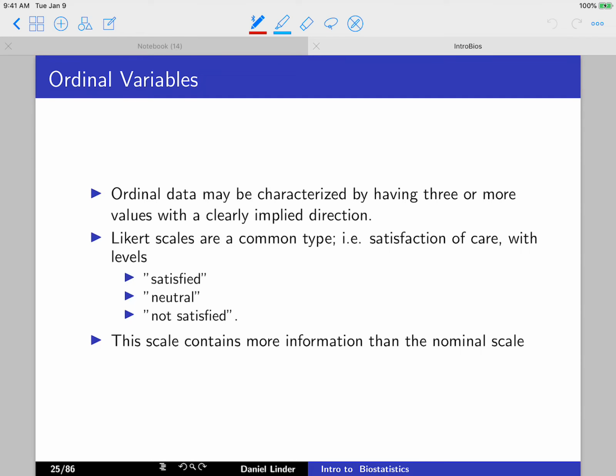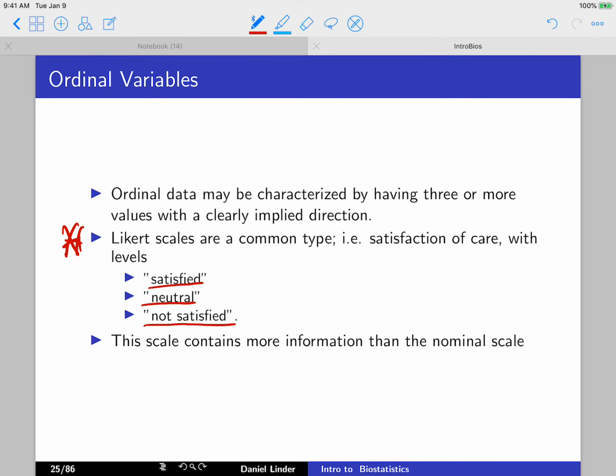As we mentioned, ordinal variables are characterized by having three or more values with a clearly implied direction, and the most common ones are these Likert scale type variables. We looked at the satisfaction of care variable earlier, and the different levels for satisfaction of care were satisfied, neutral, and not satisfied.